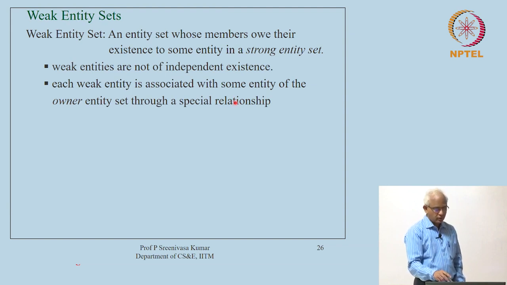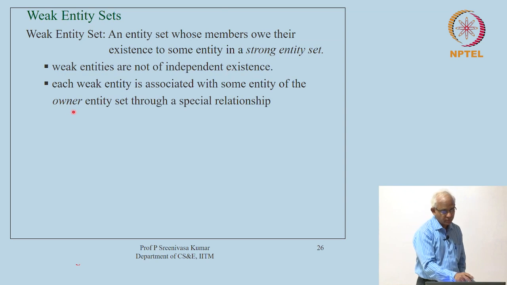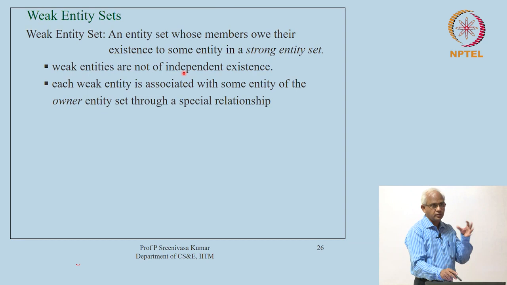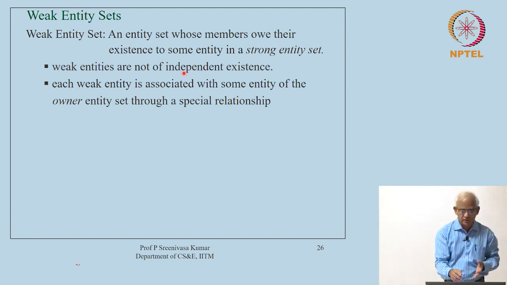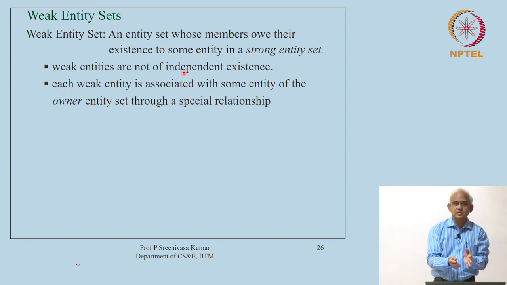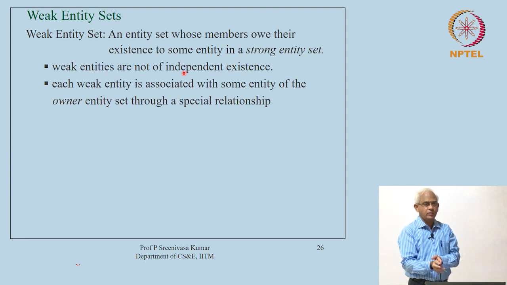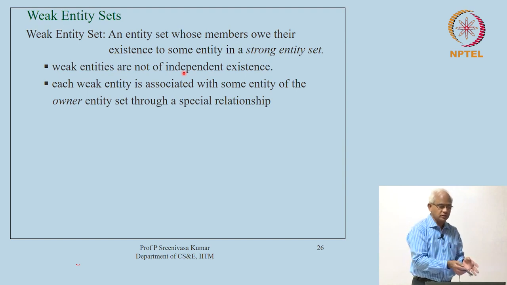Now, when we discuss examples, it will become very clear, but basically what we are saying is that there are certain kinds of entities whose existence in some sense depends on the existence of other entities, and we call the other entities the owner entity. Because the owner entity exists, this other entity which we are calling the weak entity becomes important for us.